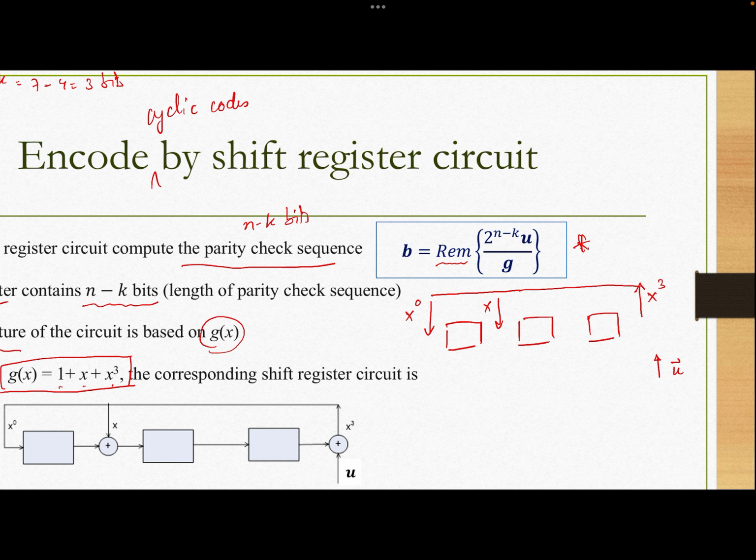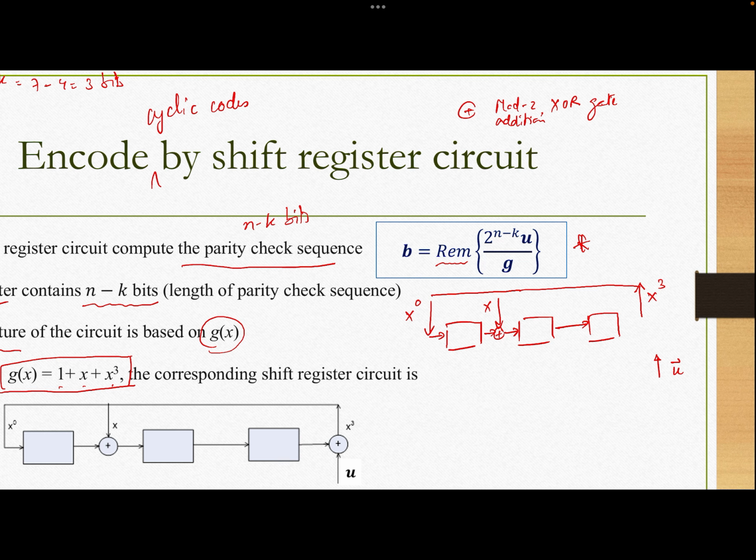And the shift comes from left to right. If we have 2 arrows, one coming down and one coming from the left, we must have modulo 2 arithmetic here, which is an XOR gate. This one is mod 2 addition, or XOR gate.